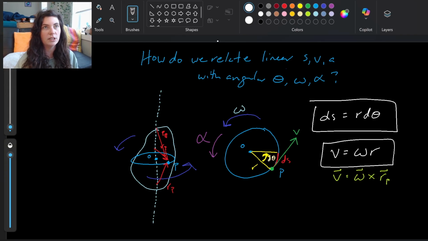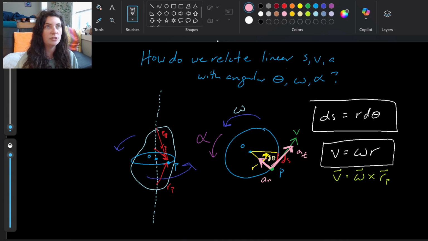So with this curvilinear motion, we're going to have acceleration in the tangential direction and acceleration towards the center in that normal direction. So here's acceleration in the normal direction, acceleration in the tangential direction to give us some overall acceleration value.